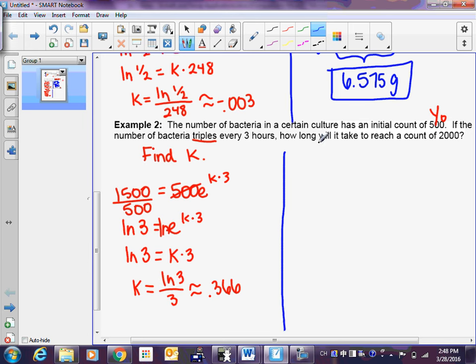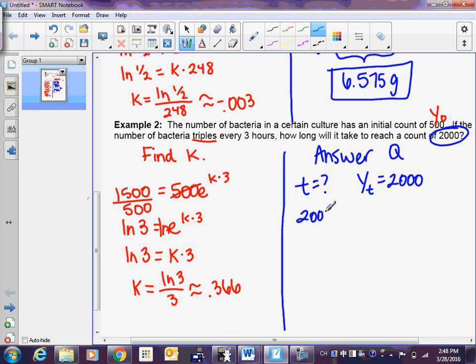Now we're going to answer the question. It says, how long? So we're looking for time. What is the time when the count will be 2000? What is 2000 going to replace? Y sub t. So let's use the formula again.